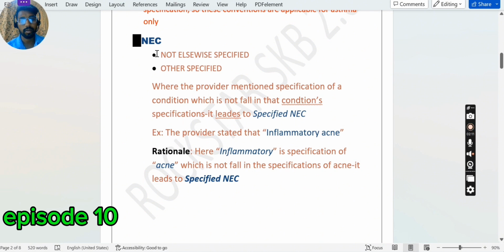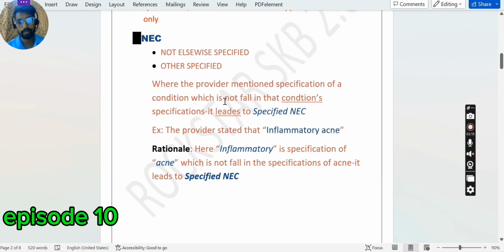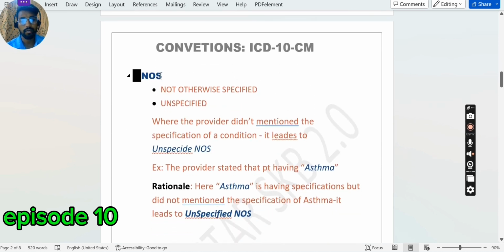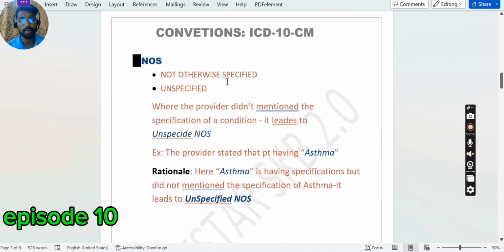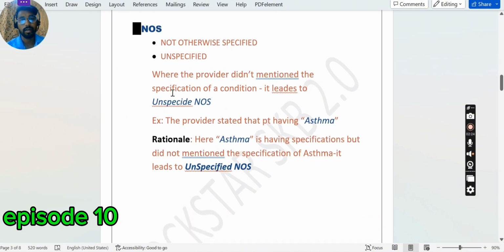So at this time we have to use the NEC. The next one is NOS, not otherwise specified. The other name is unspecified, where the provider didn't mention the specification of the condition. It leads to unspecified.